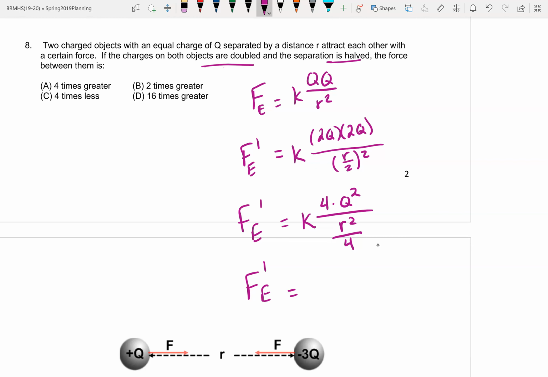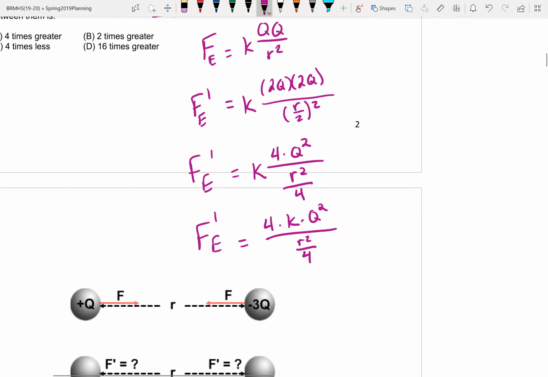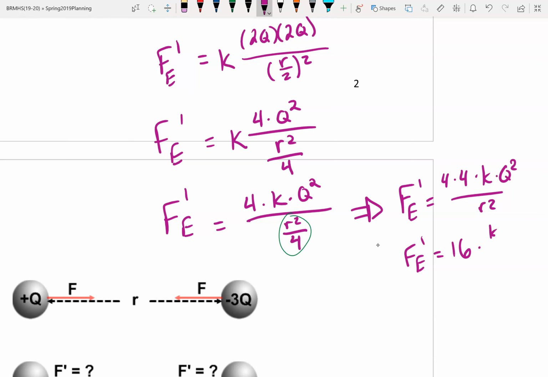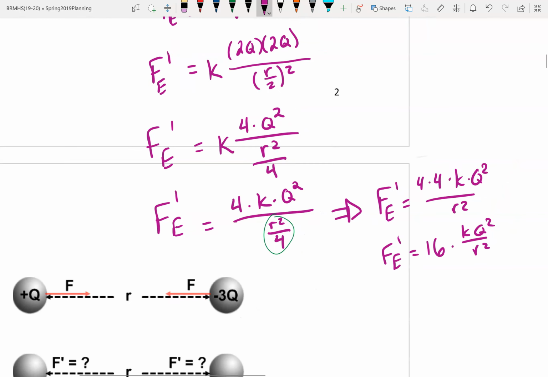So that means if I clean this up a little bit, I've got 4, just keep all our variables that are in the numerator, divided by R squared divided by 4. So when I have a fraction in the denominator, R squared divided by 4, that means it's the same as multiplying the numerator by 4. So this becomes Fe prime is 4 times 4, which is 16, times K times Q squared over R squared.